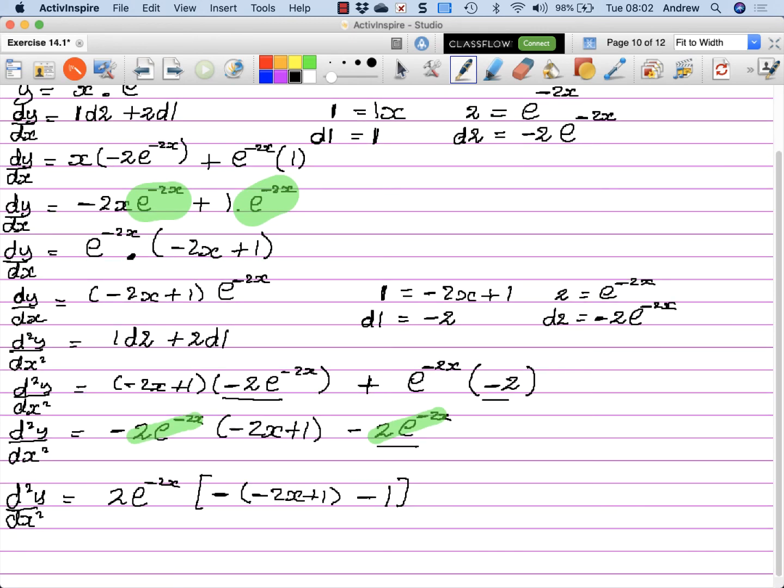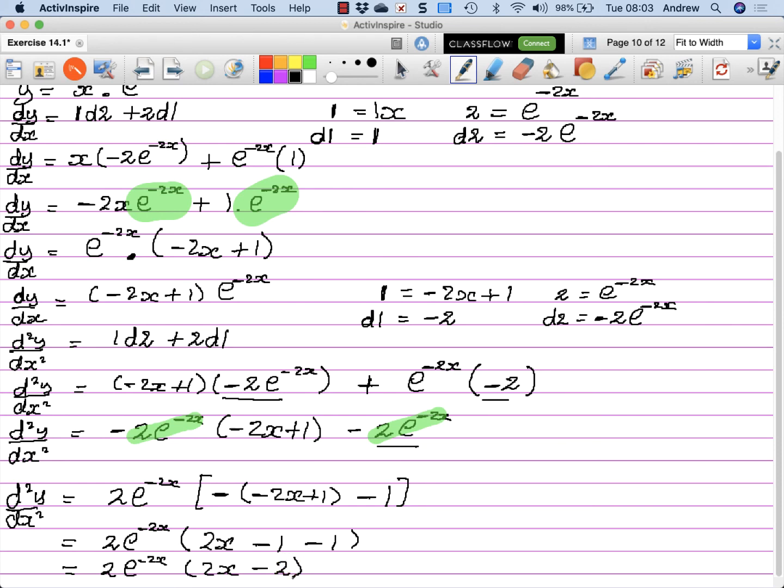And now I'm going to do a tidy up of what's inside. So this is equal to 2e to the minus 2x, open bracket, a minus on a minus is a plus, so it's plus 2x, minus 1, then another minus 1, and then finally, last tidy up, 2e to the minus 2x times (2x minus 2).